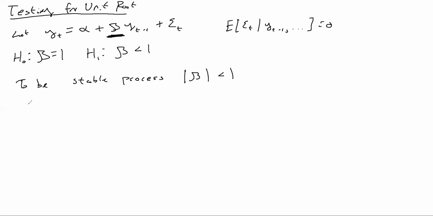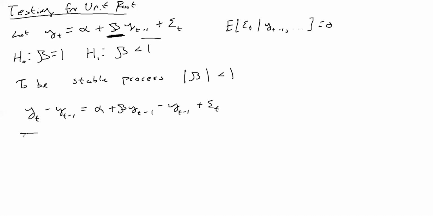To simplify it, we can subtract the previous value of y from both sides. So we can say y_t minus y_{t-1}, the previous value, is equal to alpha plus beta times the previous value minus the previous value, plus our error term.